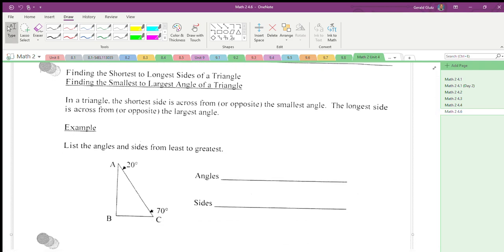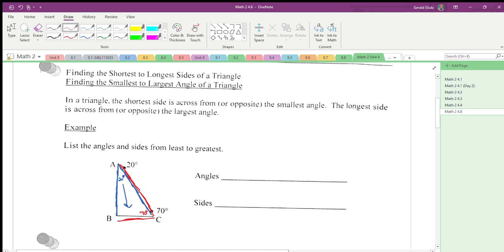But when I have an angle, like angle A, this angle is 20 degrees, and it kind of forms side C. Angle C over here is 70 degrees, so it kind of forms side AB.